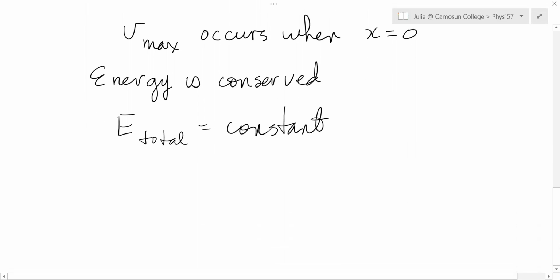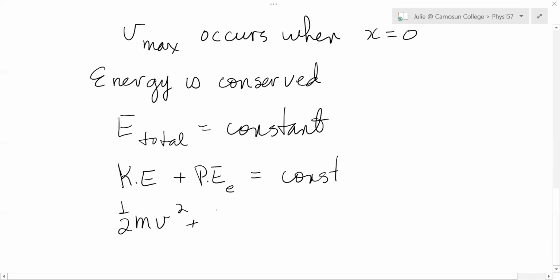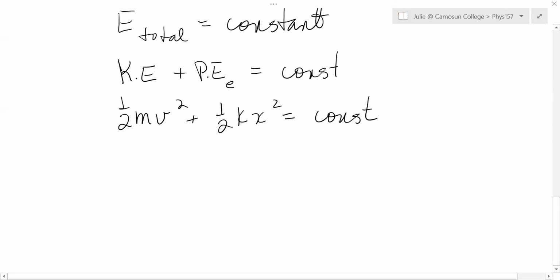And that total energy is made up of two parts, kinetic plus elastic potential, PE elastic. And so that's equal to a constant. And so 1/2 mv squared plus 1/2 kx squared is equal to a constant. That constant might be any number you want, 100 joules, 50 joules, whatever.